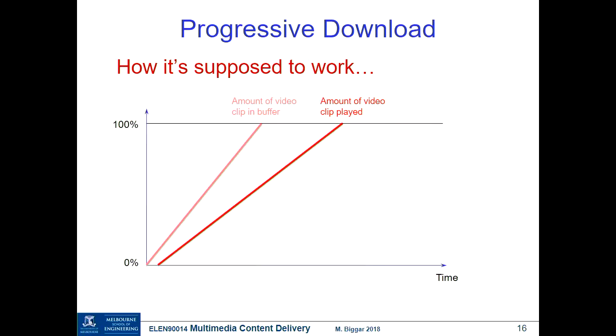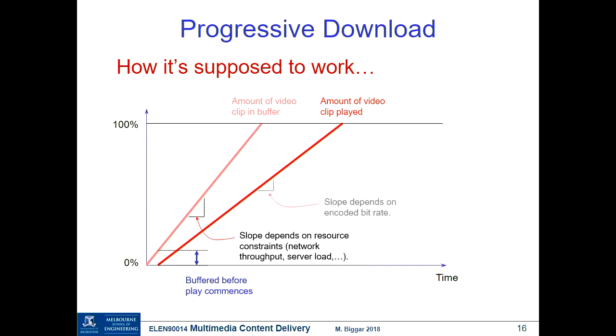So how this progressive download, as it's called, is supposed to work is shown here, as we had earlier. We have a small amount buffered before we start playing out. This slope depends on the network resources. This slope depends on the encoded bit rate.